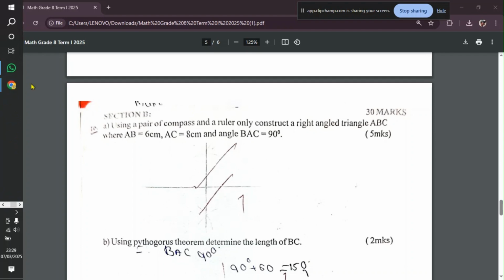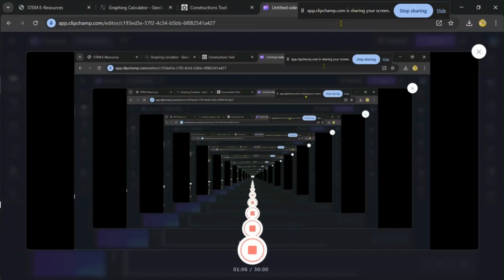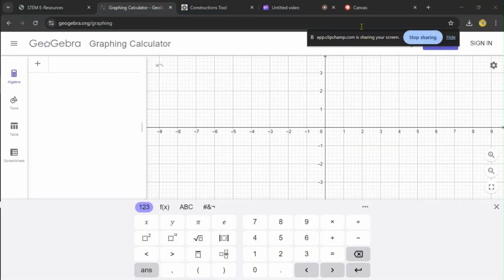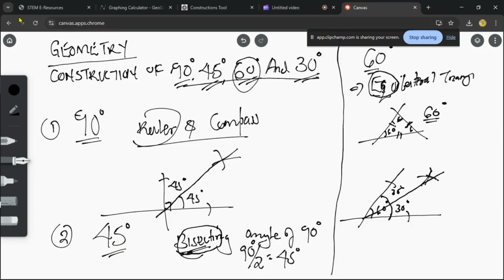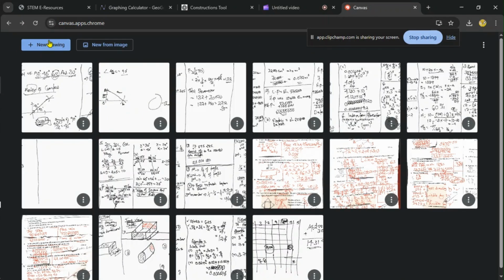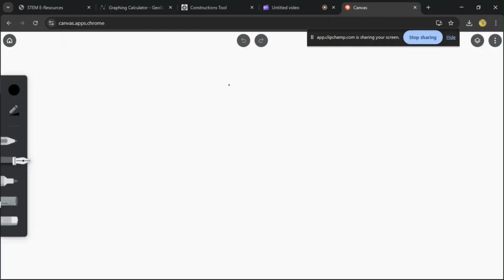So before you go direct to where the question is, have a sketch. And what I mean by sketch, this is what I mean. You come here and you first of all try to have an idea. The question is, they want you to construct a triangle.